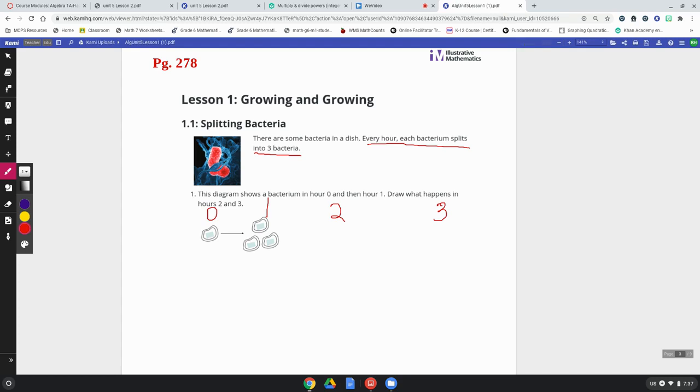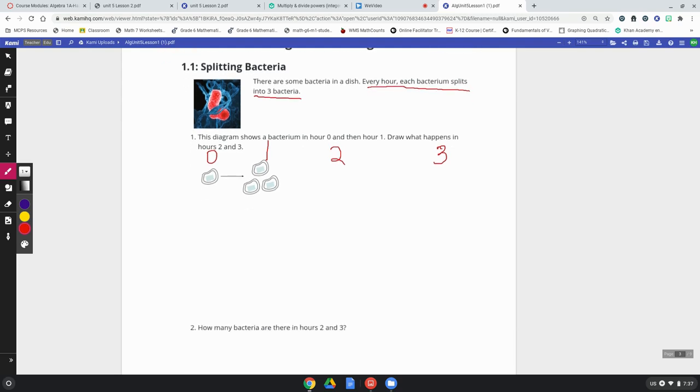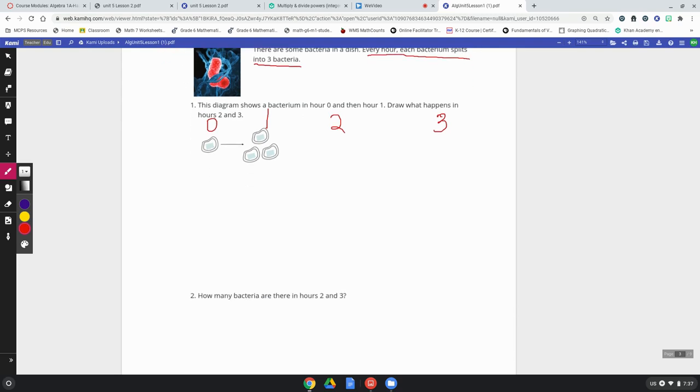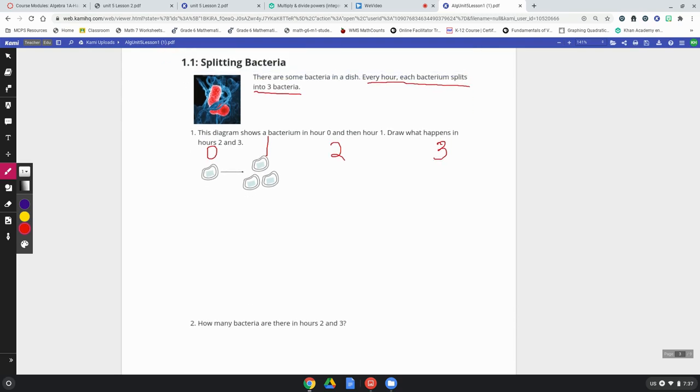It's not 3 plus 1, it's just 3. Bear that in mind when you draw what happens in hours 2 and 3 and say how many exist in each. It might help for you to pause the video, do that, and then come back to check your answers.